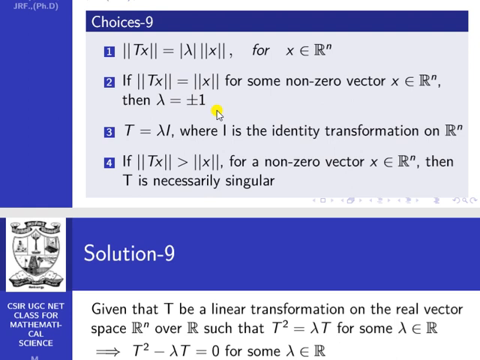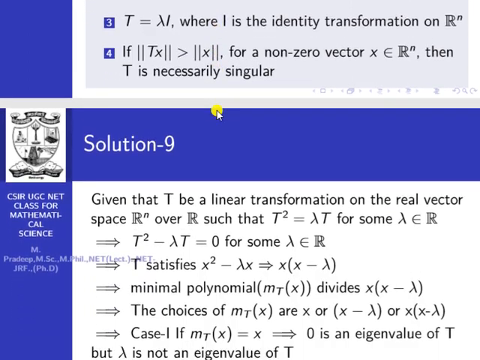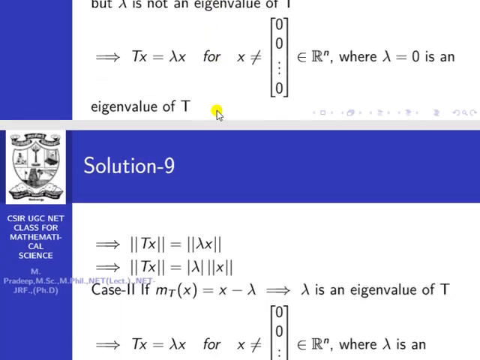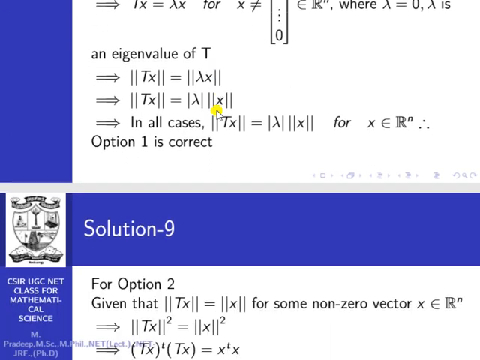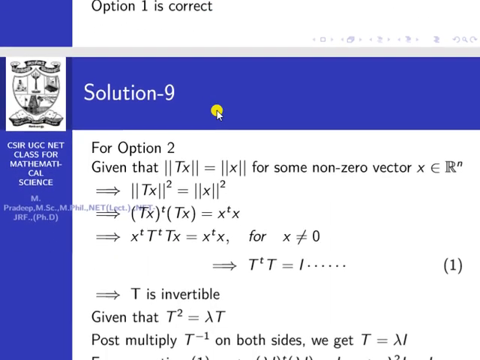So, norm of Tx equal to norm x; when you take the squaring on both sides, norm of Tx whole square equal to norm x square.